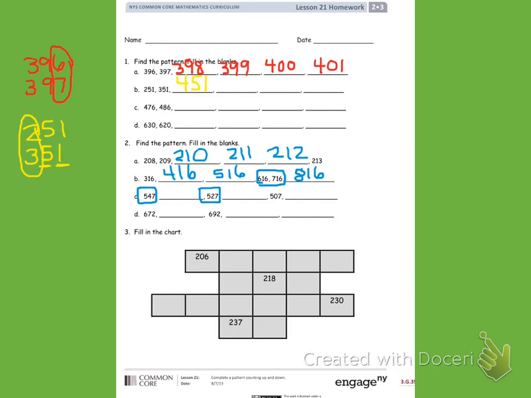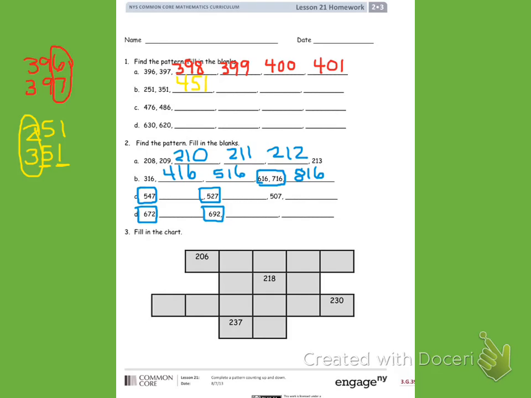That means I'm going to be counting down by tens. I will do the same with item D. I will look at 672 and see that it changed to 692, which means again it changed in the tens spot, and this time it's going up.